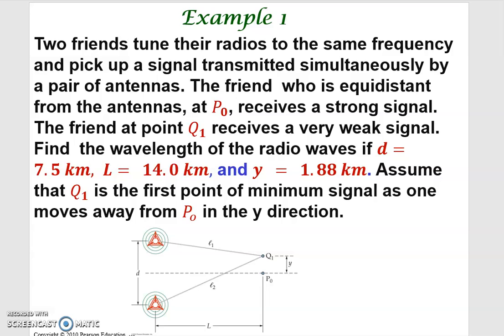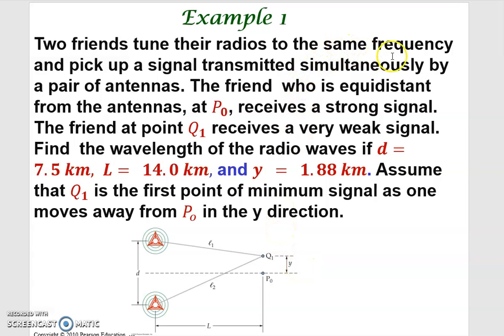Now let me give you an example. If there are two persons, one standing at P0 and the other standing at Q1, even based on this notation you can probably guess. But sometimes they will not even give you this kind of hint. The position difference between these two positions is y. So what kind of information is given?